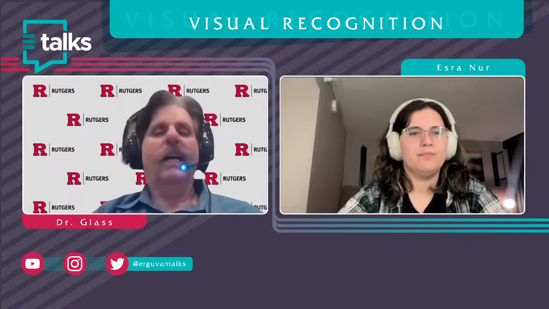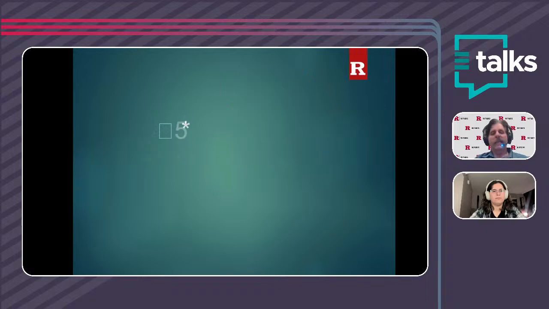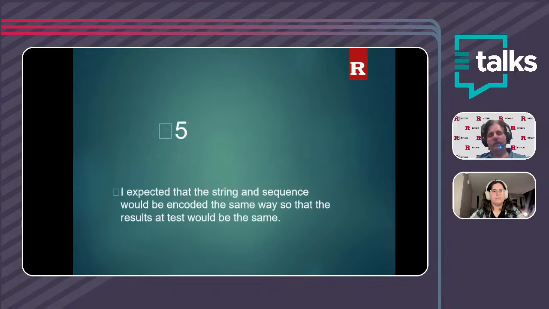Now, instead of presenting a string, I am presenting a sequence. So people see a sequence of digits, and then they see a test digit, and again, they have to respond as rapidly as they can whether or not the test digit is in the study sequence.